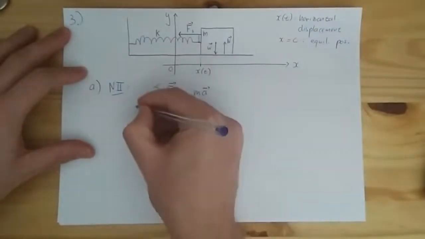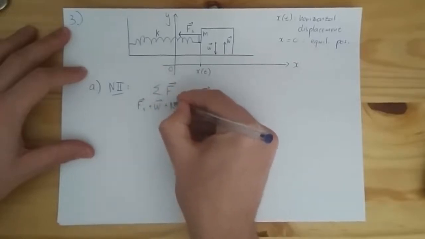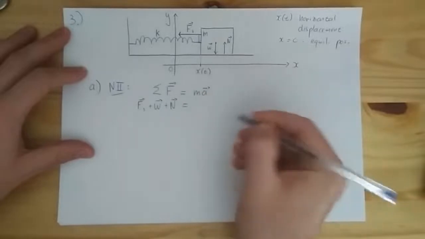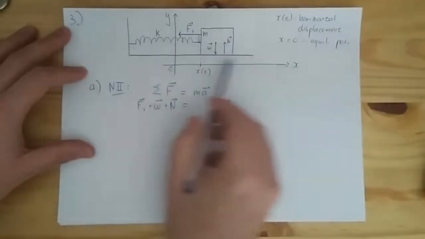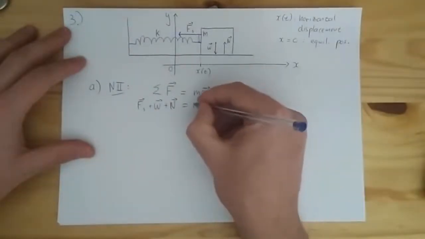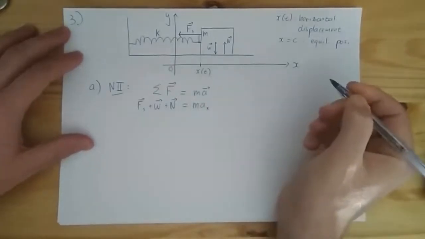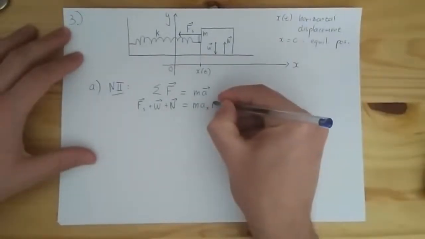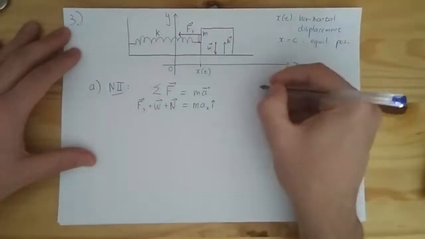And my forces consist of a spring force and a weight and a normal force, and this must be equal to mass times the acceleration vector. Now I know that there's only going to be movement in the x direction here, so I can say that this will be the mass times the acceleration's component in the x direction times the unit vector in the x direction.